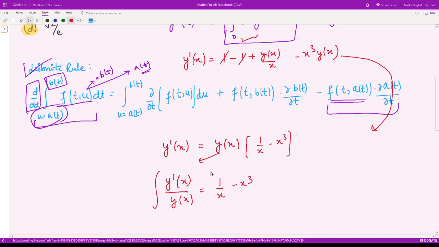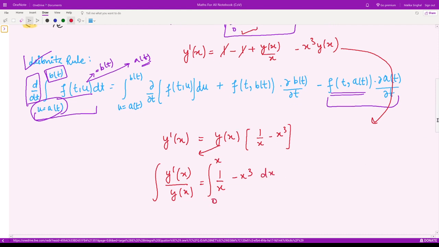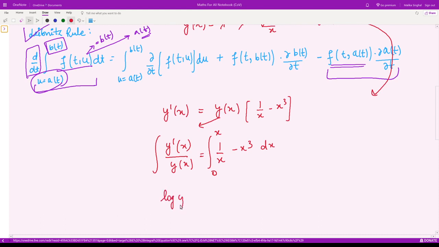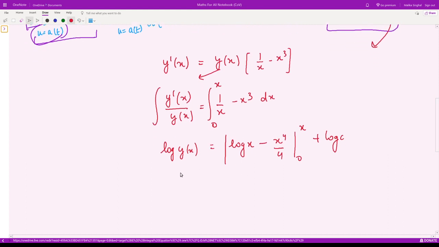Let me integrate both sides, with limits of integration from 0 to x, dx. This gives log of y of x equal to log of x minus x raised to power 4 by 4, plus some constant, say log of c.